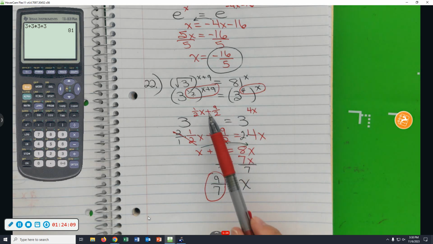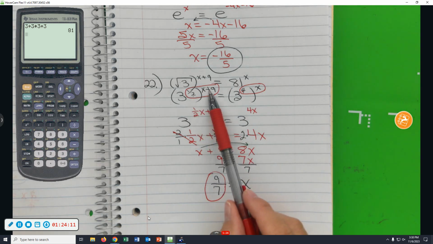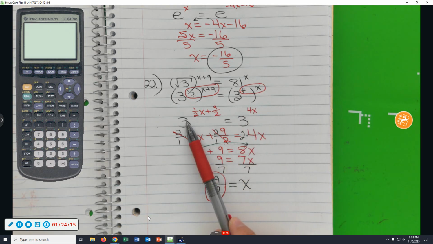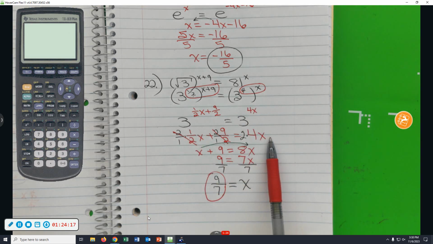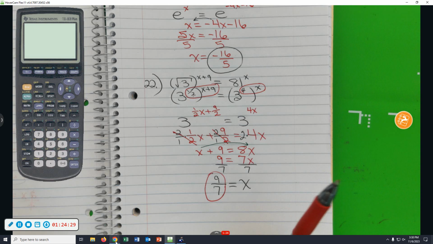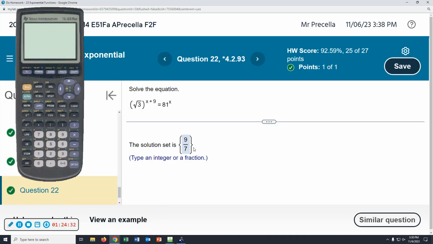We used the power rule to multiply inner power by outer power. Then we could drop the base and set the exponents equal. Then we multiplied by that common denominator. Is that what you would have done, Tony? I wouldn't have distributed. But either way, you get rid of the fraction.